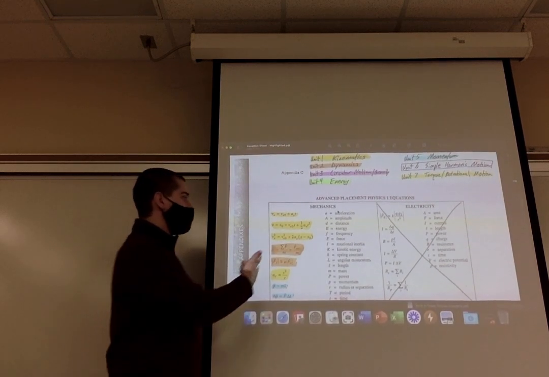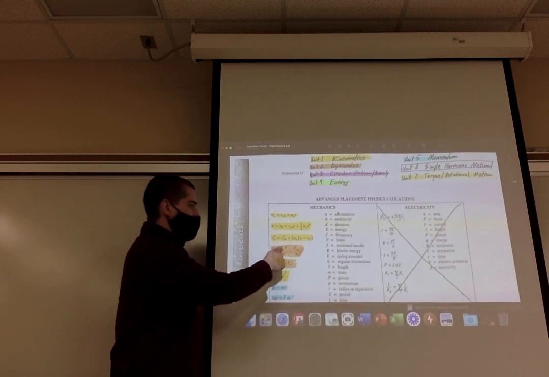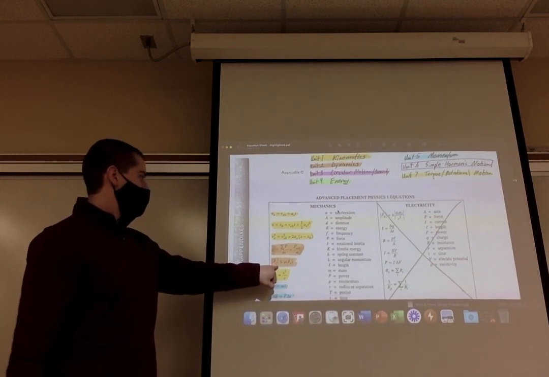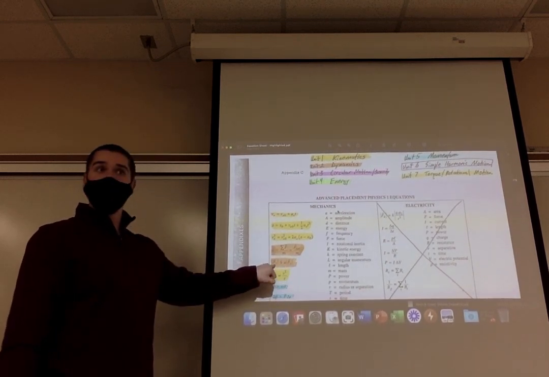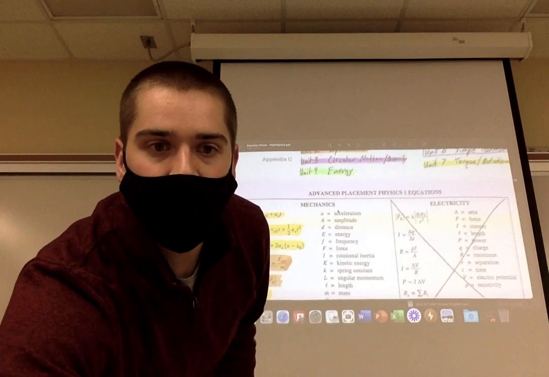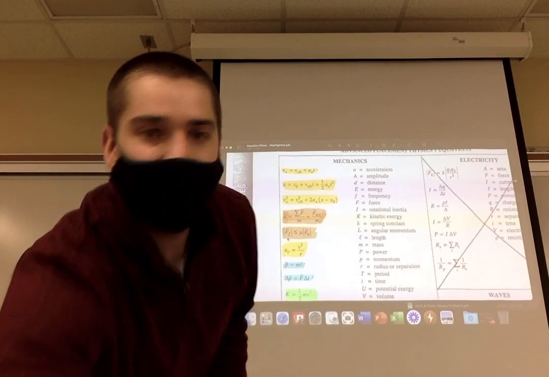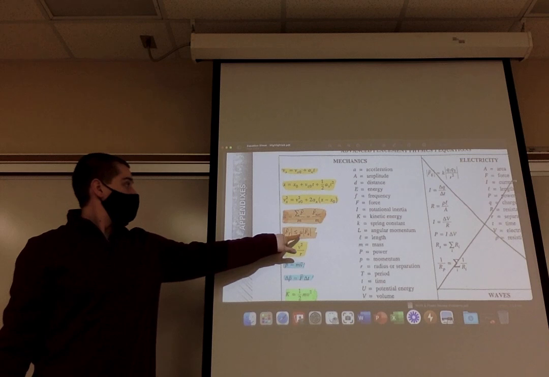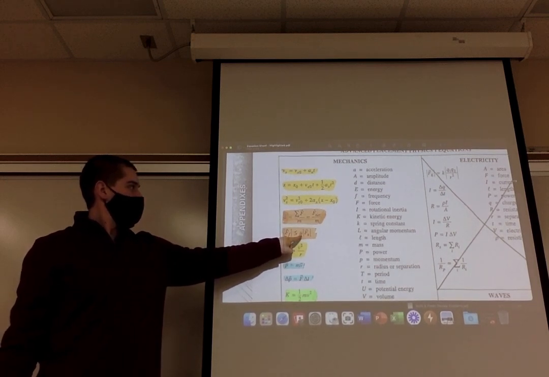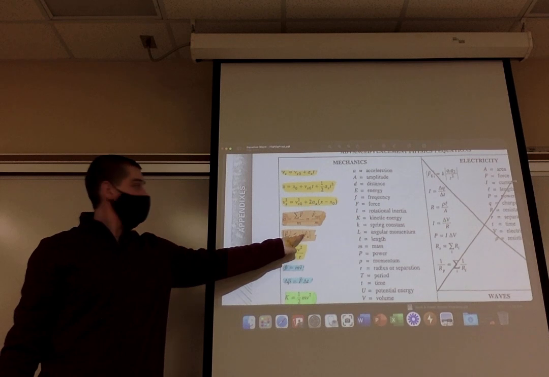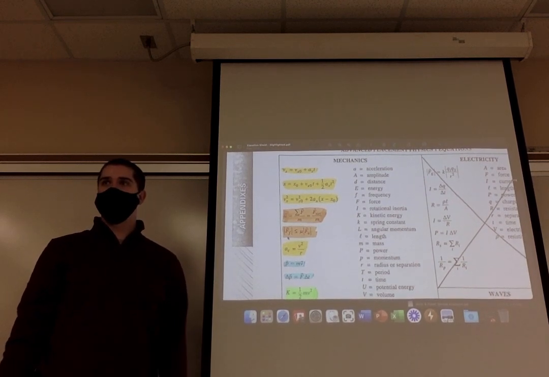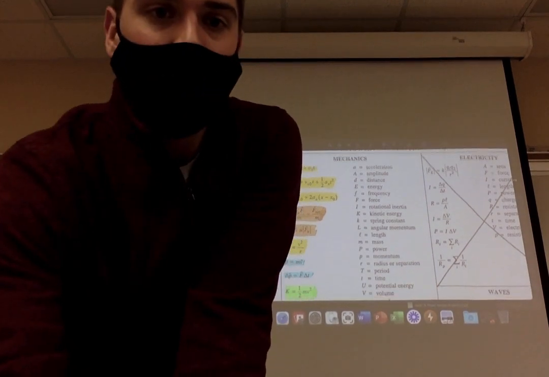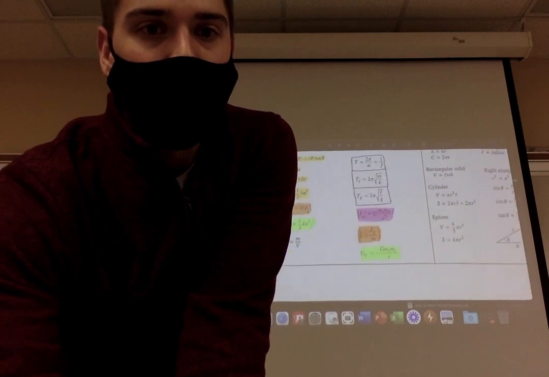And then down here, frictional force. Remember that? F sub f is the friction force. Friction force is the coefficient of friction times the normal force. That was another force we learned about that affected the motion. Down here, I highlighted the spring force, the very bottom. That was another force we talked about.